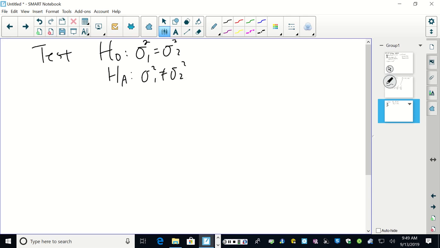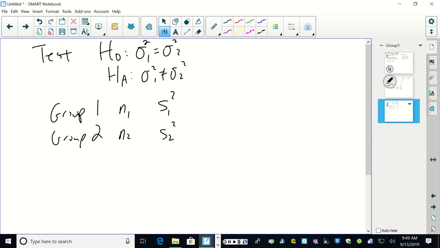Group 1 has N1 observations, and we can calculate the sample variance for that group. Group 2 has N2 observations, and we can calculate the sample variance for those too.